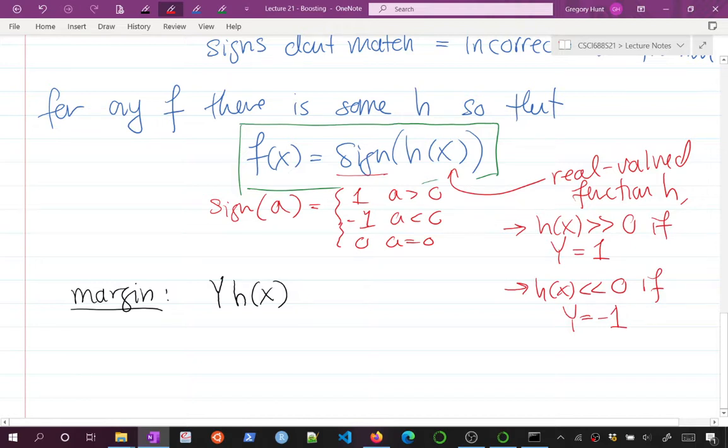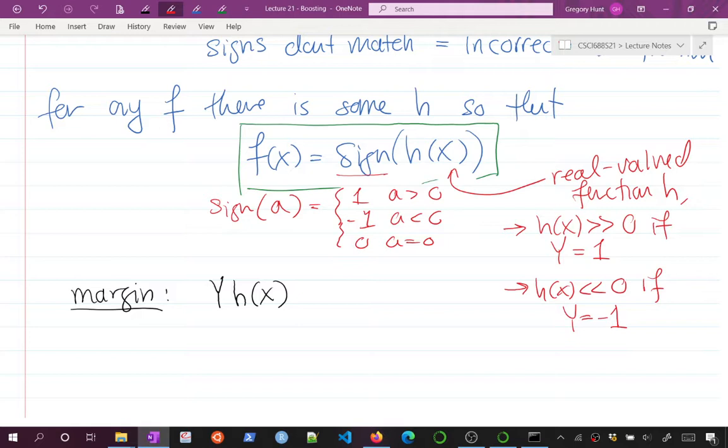So h is kind of like a discriminant function in some ways. The more positive h is, the more evidence we have that it should be class 1, and the sign, of course, will be 1. If h of x is really, really negative, this is more evidence that we have a negative 1 class, and of course the sign of that is negative 1.